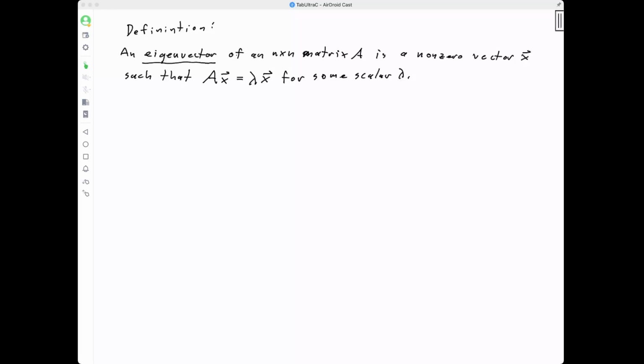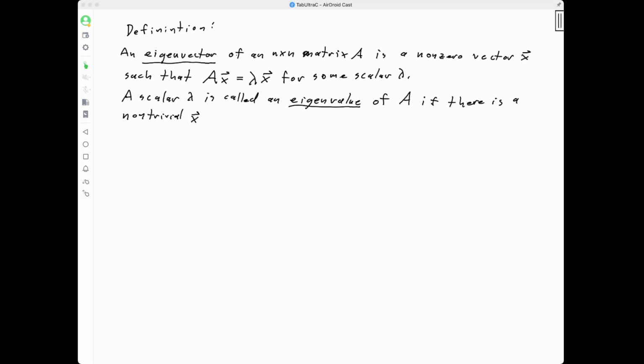The scalar lambda is called an eigenvalue of A if there is a non-trivial solution x of Ax equals lambda x.